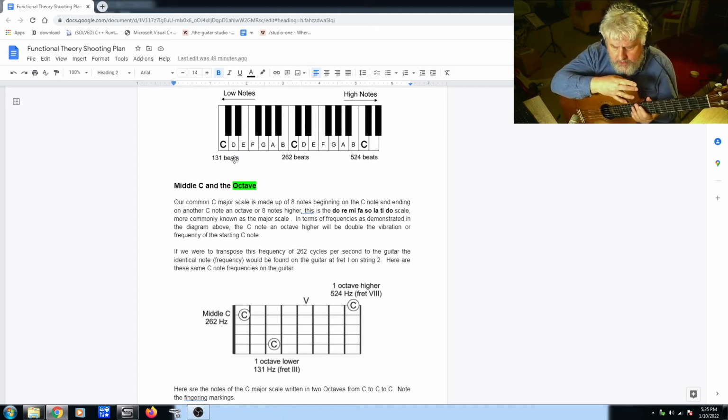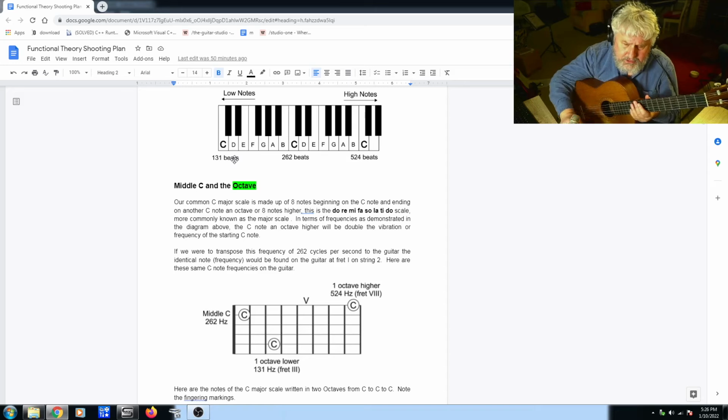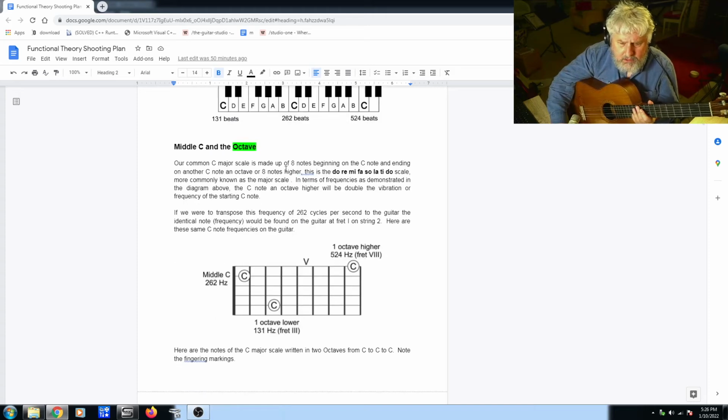So in fact, octaves are just frequencies that are either doubled or halved, and frequencies are a good way to explain that. Now, if we take a look at these frequencies or these notes on the guitar fretboard, here's a horizontal diagram down here.